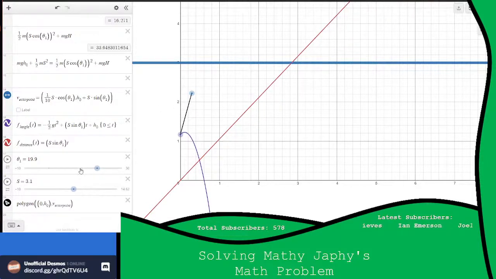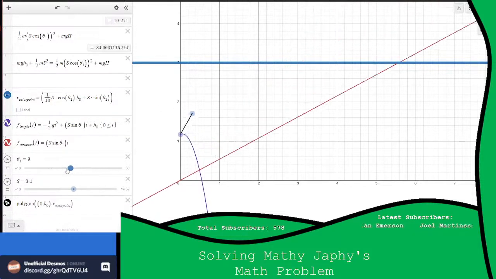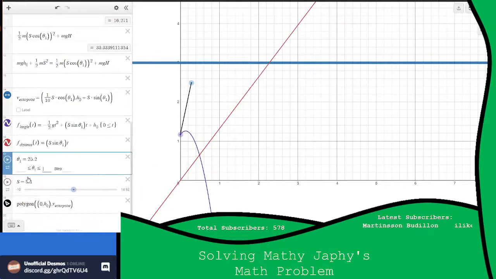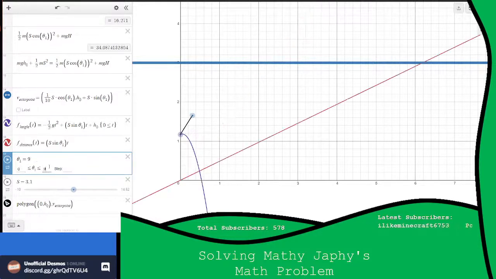Or, sorry, velocity I meant. What we can change is the angle. This goes from 0 to 90.